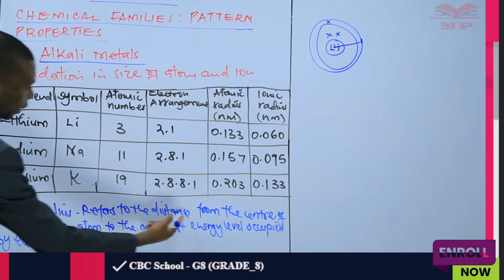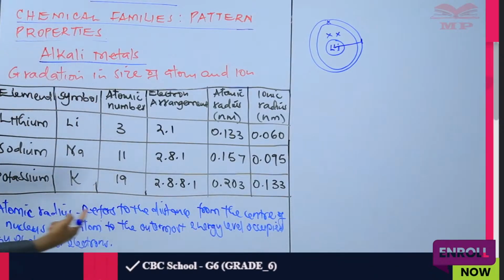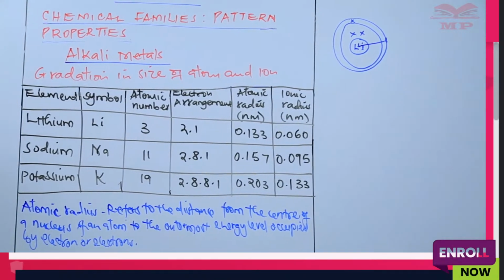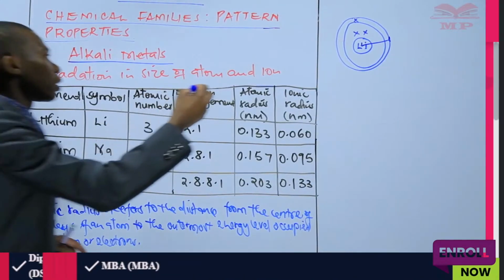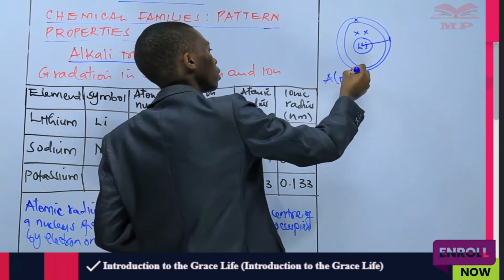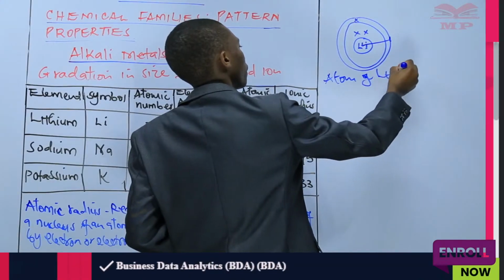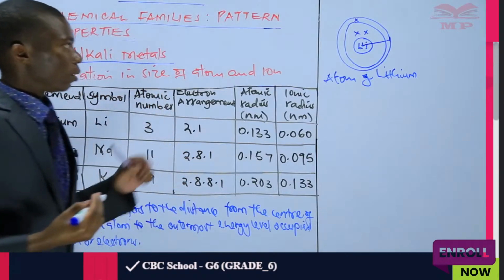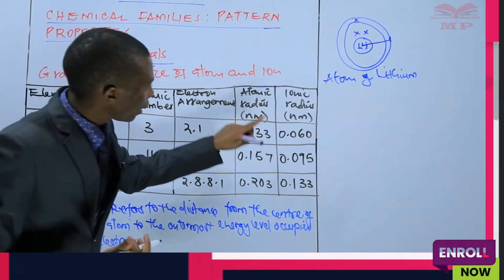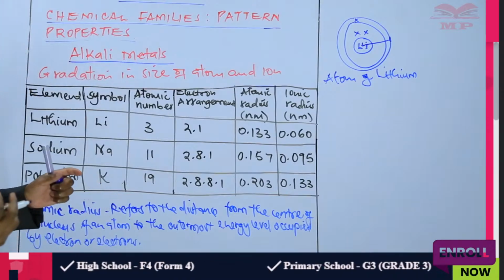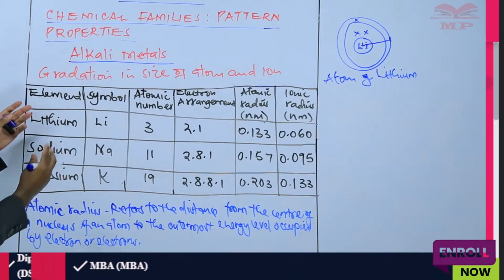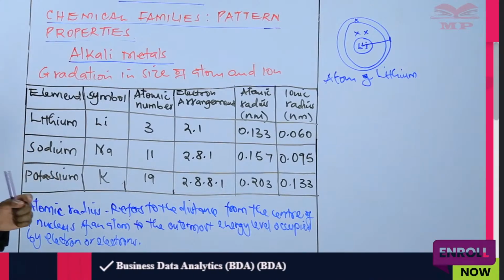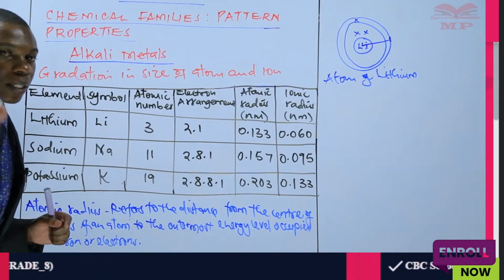So it refers to the distance from the center of the nucleus of an atom to the outermost energy level occupied by an electron or electrons. So this is an atom of lithium. An atom of lithium looks like that. Then when you talk about the ionic radius, we are referring to the radius of these elements having undergone ionization or having formed ions.